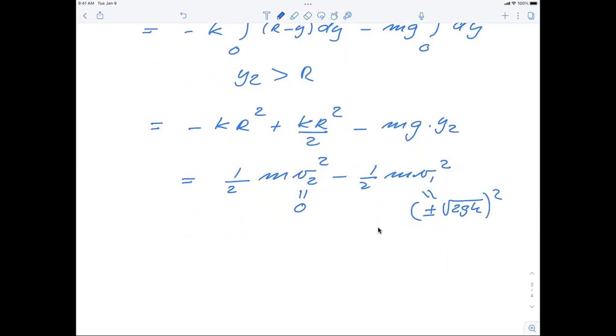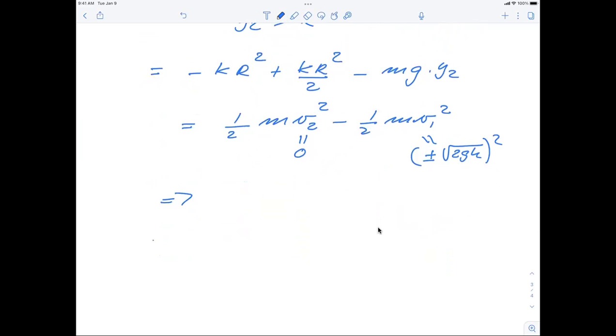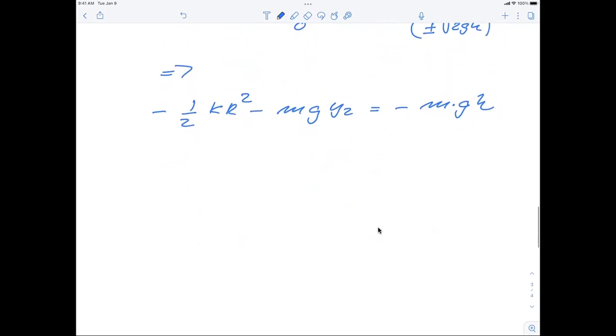So if we do that, what we get is the following. So we get minus 1/2 of k times r squared minus m times g times y2 is equal to minus m times g times h, and h is the original height which the ball had.